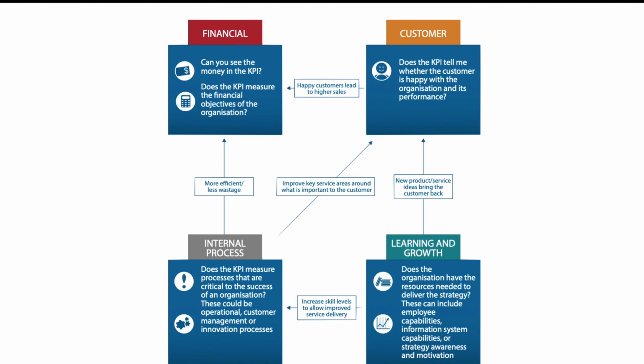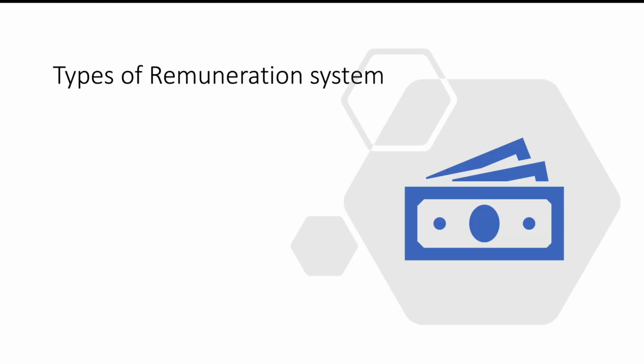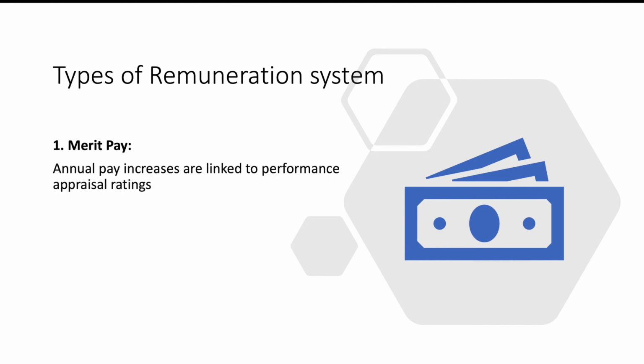Now let's move on to the types of remuneration system. Number one is merit pay. Merit pay is where annual pay increases are linked to performance appraisal ratings.